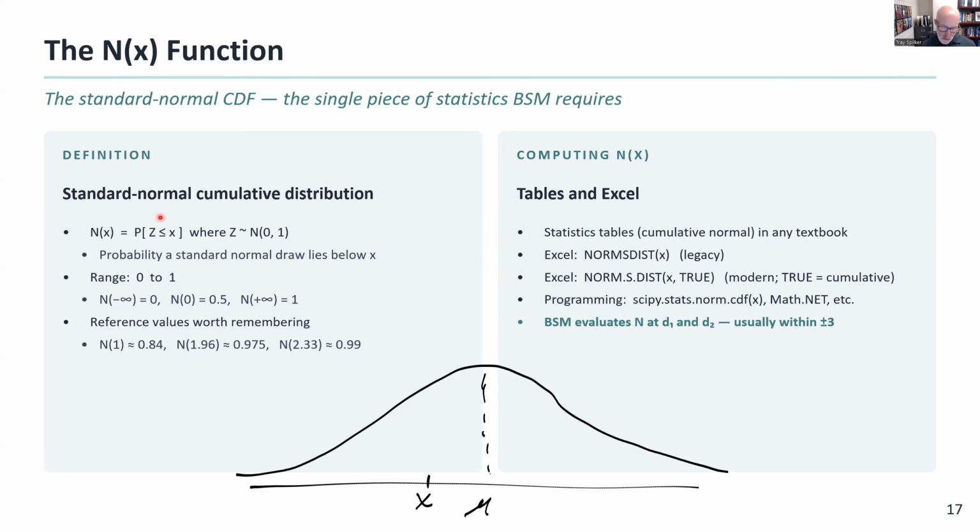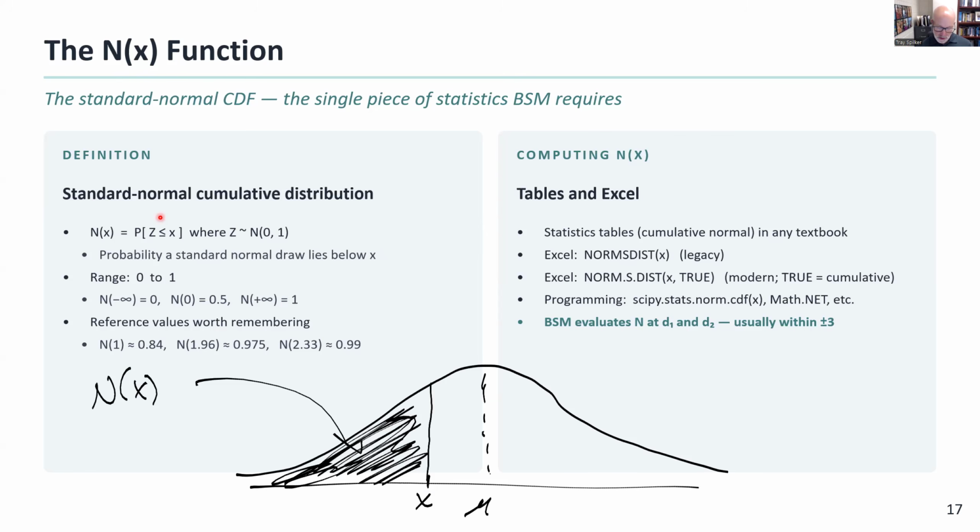Well, when I look it up in our old school stats table, N of x is just the cumulative probability of drawing a number from this. Basically, remember this whole shaded region you might remember from your stats class. And that's what N of x gives you.